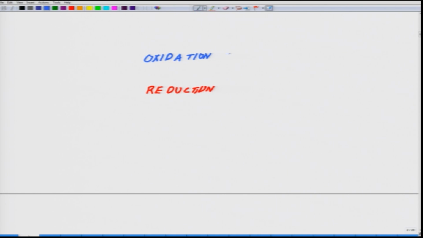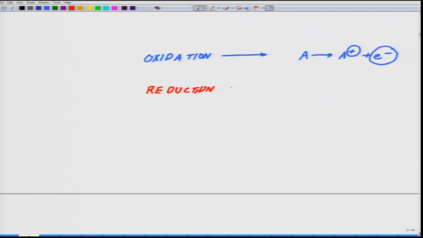Oxidation is a process whereby some material, I say A, donates an electron and attains a positive charge. Okay. So, this is the electron which A is donating, and this is the positive charge which it is attaining.